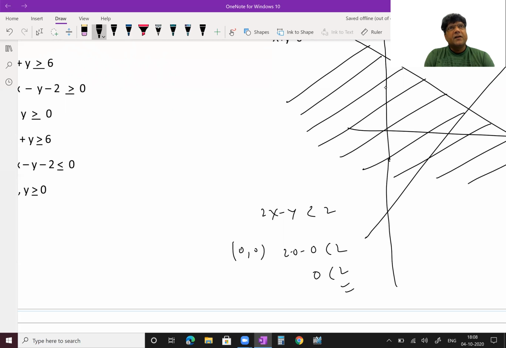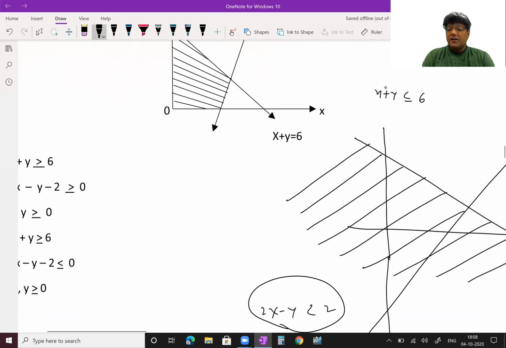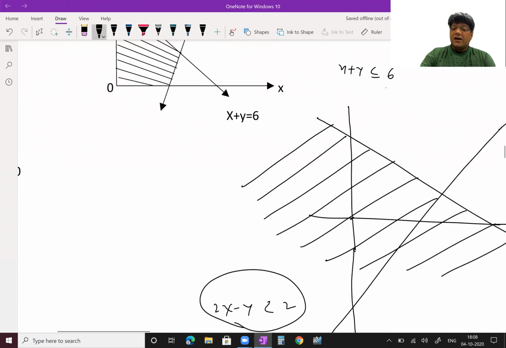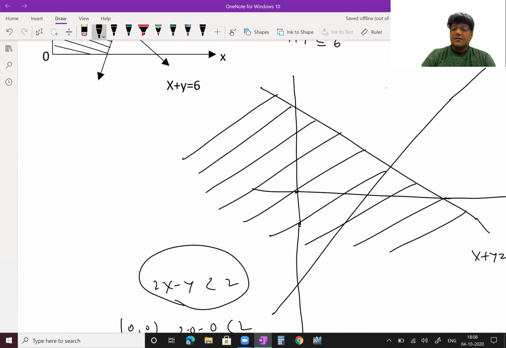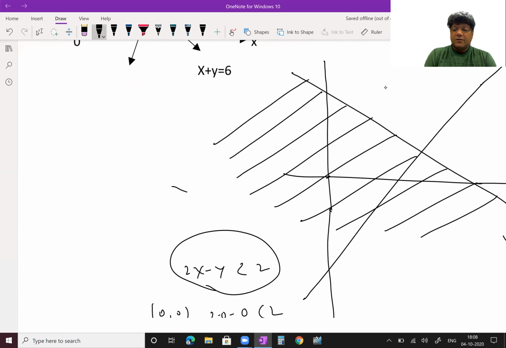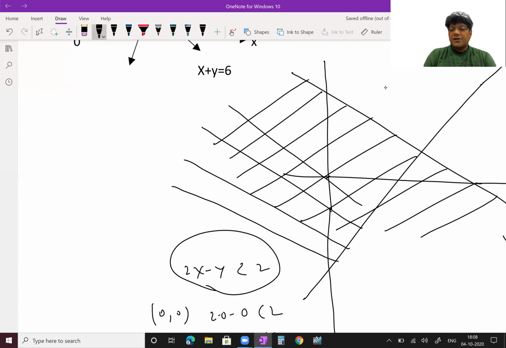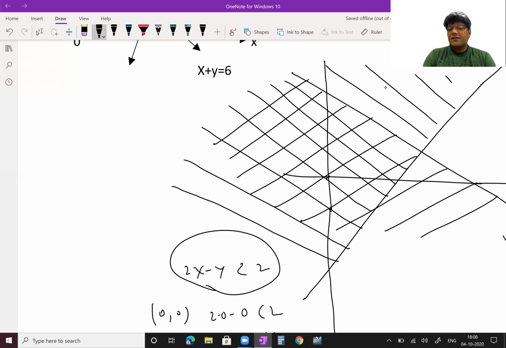Yes, satisfying. That means the answer of this will be which side? Origin side. Where is the origin side? Here the origin side. So answer of this will be, look here. This will be the answer for the second line if we take less than 2. Look here, less than sign I will take.